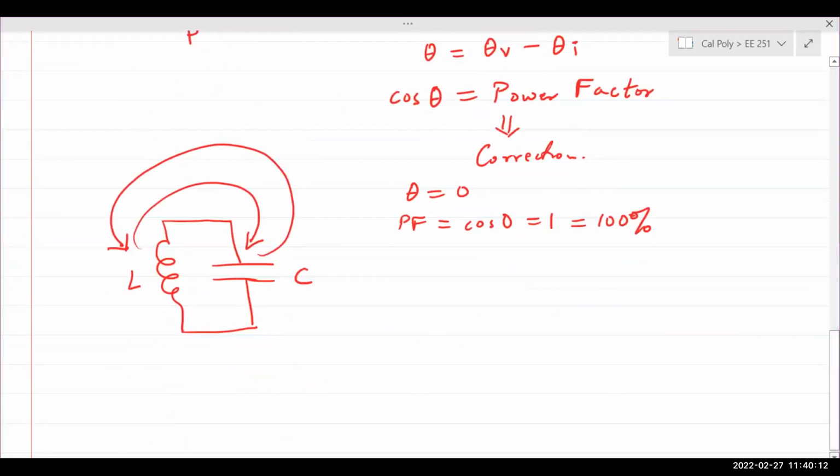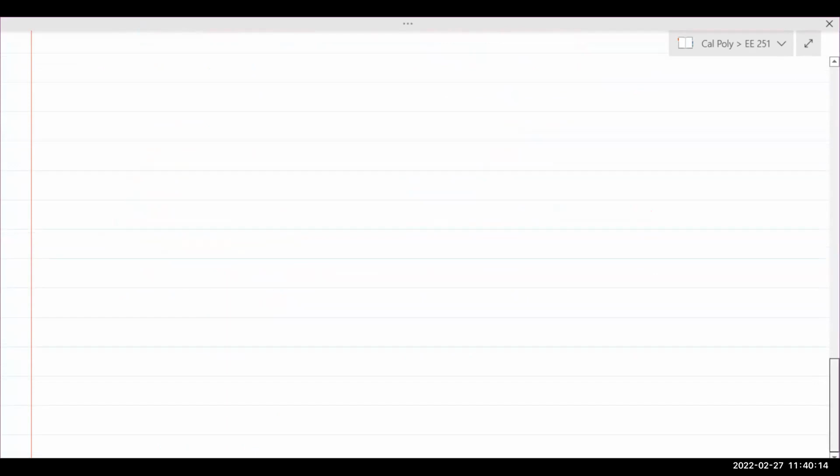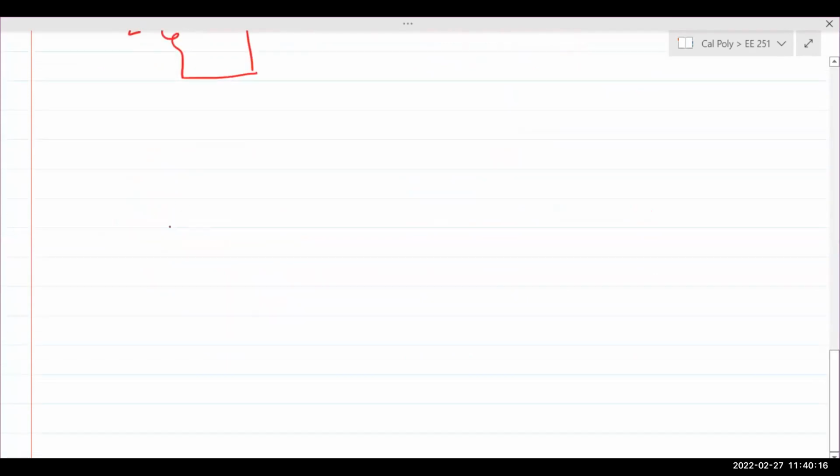In terms of the power triangle, this is what it should look like. You have P and you have a certain requirement for Q_L, right? Q_L, this is what is required. Well, you connect a capacitor and then the same requirement is brought down. And this would be Q_C.